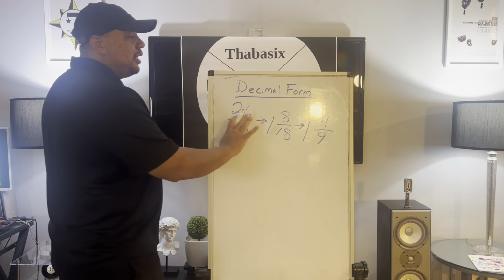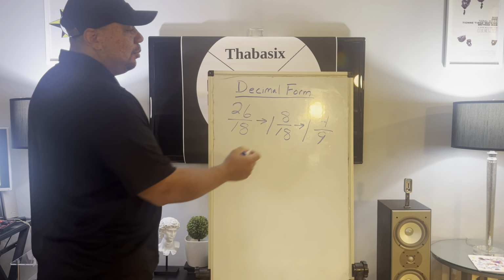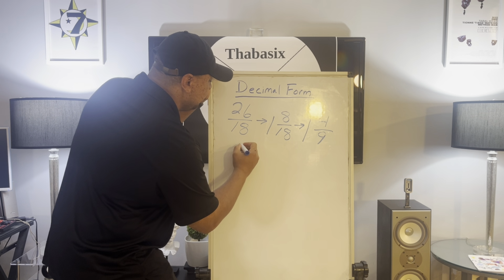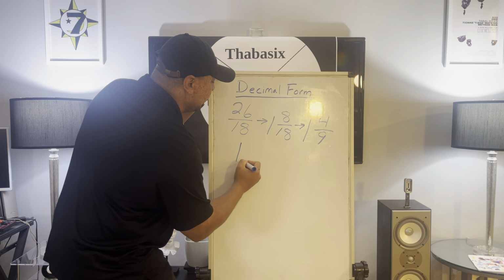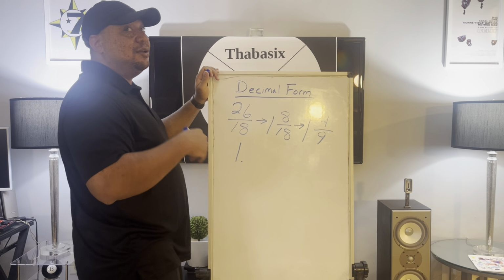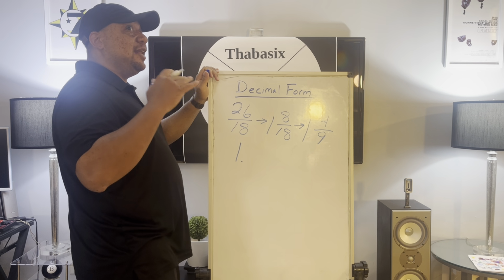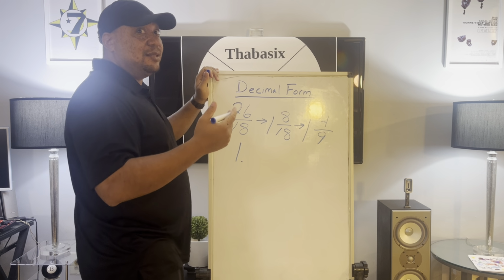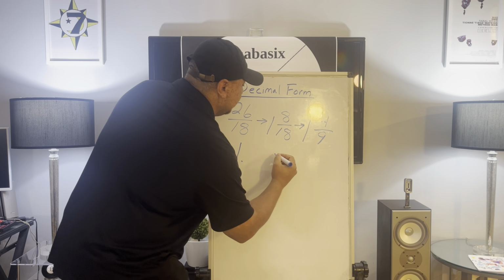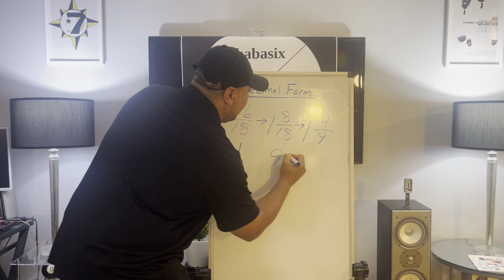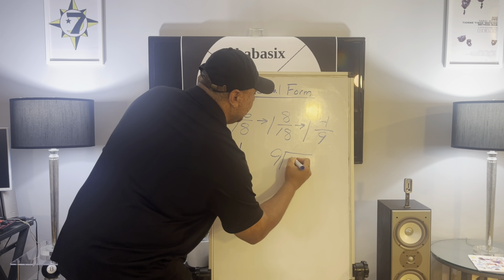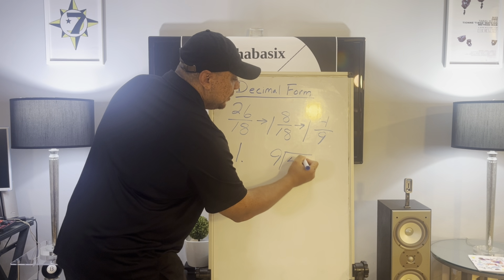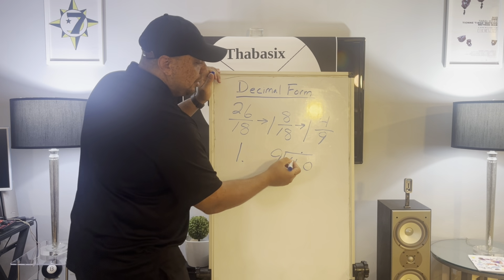We could convert any of these at any time to decimal form, but we're going to take the latter because we already got the 1. Since we have the 1, we're trying to find out what the decimal part is, and we take 9 and divide it into 4. We know that 9 cannot go into 4 because 4 is less than 9, so it's going to be less than 1. Make sure you line up the decimal point properly, because that's very important. 9 cannot go into 4.